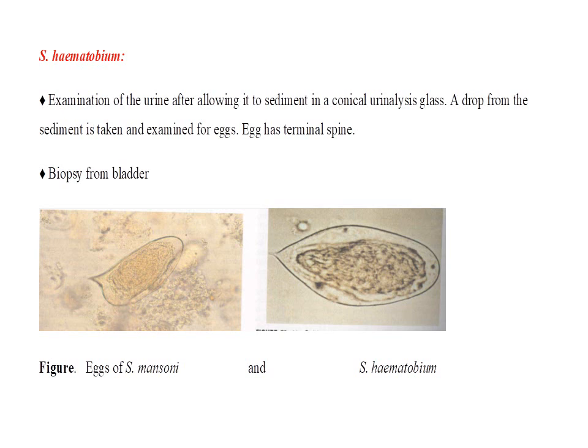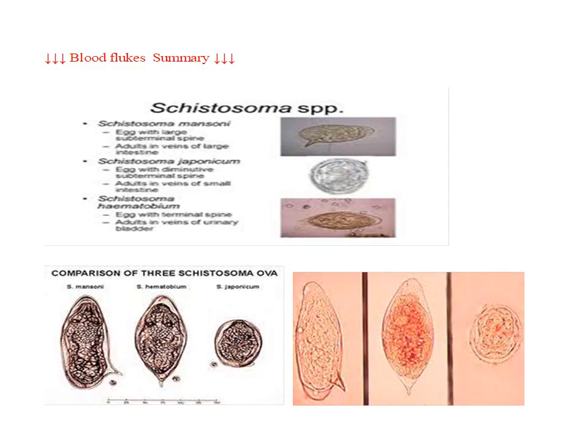Another method that can be used is a biopsy from the bladder, because the bladder is infected with cystitis, and the liver and spleen can be enlarged. So splenomegaly and hepatomegaly can be associated with such infection. Beneath you can see the large terminal spine of Schistosoma haematobium at the right side.